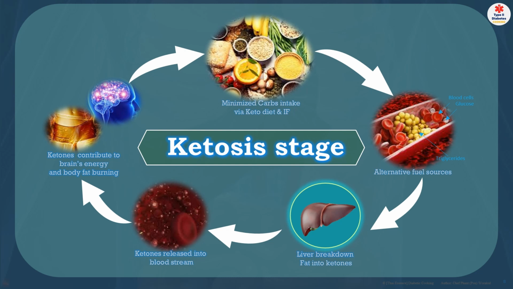The alternative fuel goes to the liver, and the liver breaks down the fat into ketone. Then the ketone is released into the bloodstream and goes to your brain and your body, and you get fat burning when you are in the ketone state. This is the cycle when you eat this kind of food.